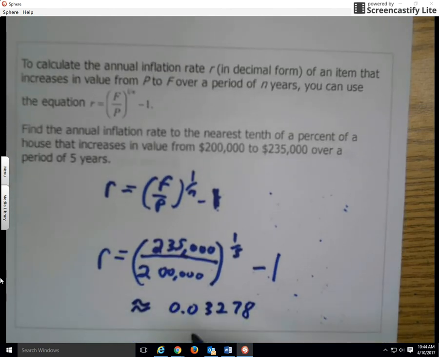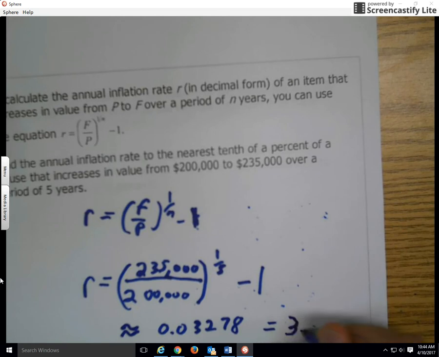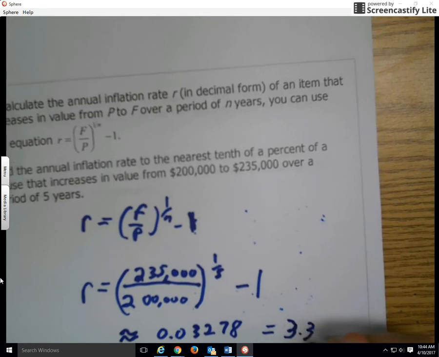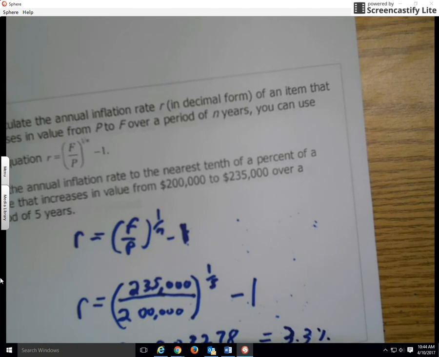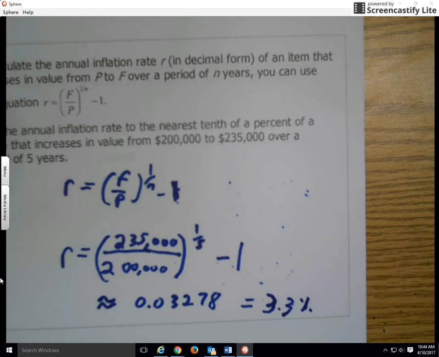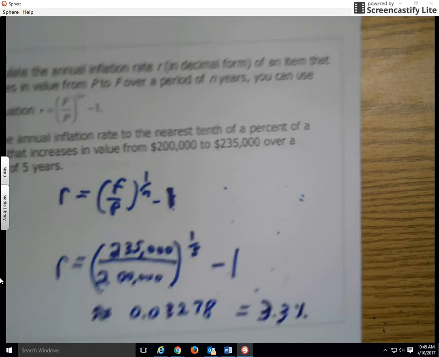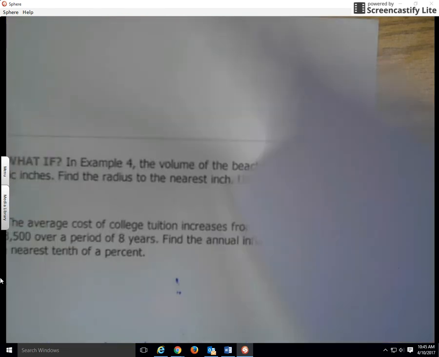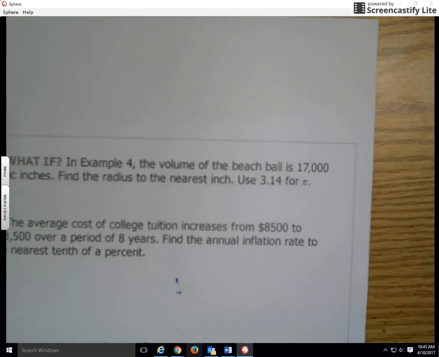But if I were to do it to the tenth like it asked, bring the decimal over twice, it would be roughly 3.3%. So, okay. And we are done.